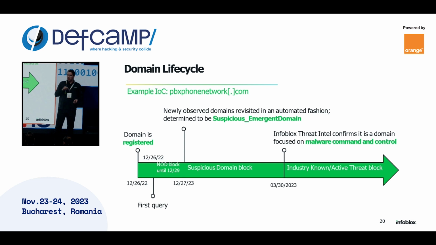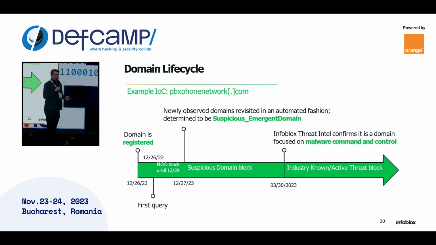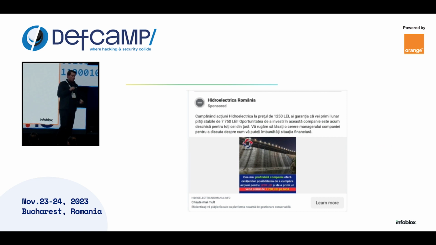So that is the domain lifecycle that I wanted to share with you, that there might be another approach in front of the traditional approach of threat intelligence, because I don't need to wait for the proof. If it's suspicious for me, it might be a good idea to block it off. One of the local examples that I can share with you is this lovely thing.